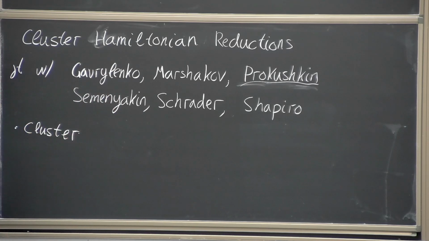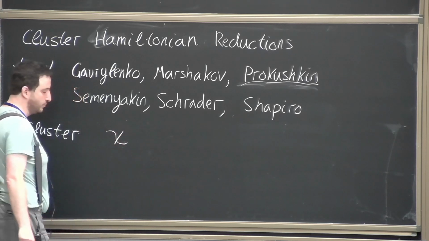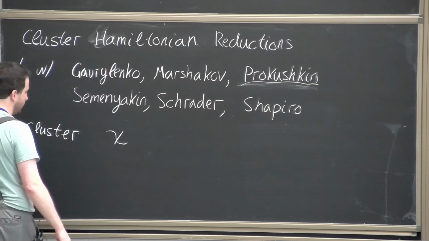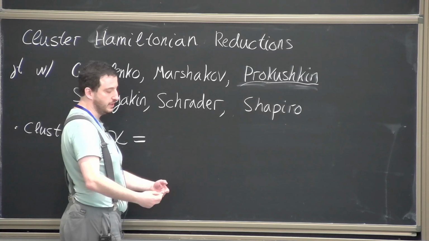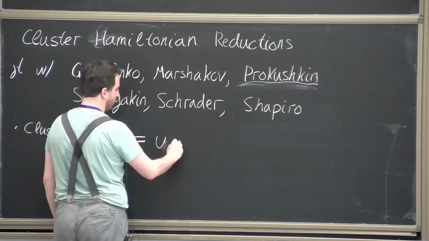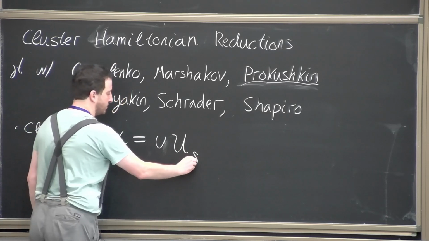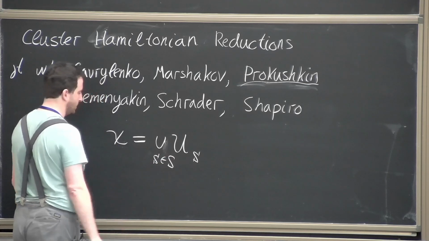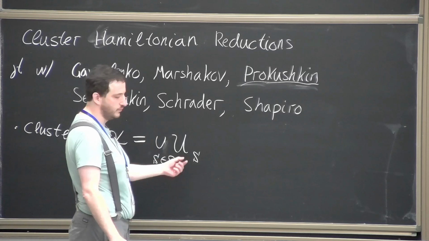So we have some cluster varieties, and I'll usually denote them by the letter X, because they're X cluster varieties. In the very definition, they are given as a union of charts, some charts U labeled by S, where S runs through some set, capital S. S is short for seed.